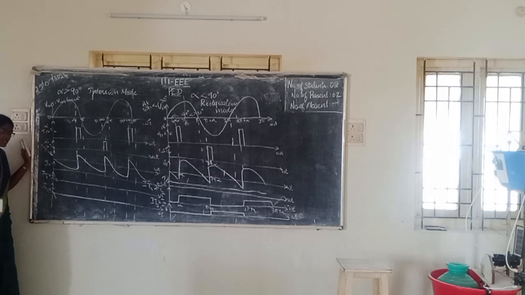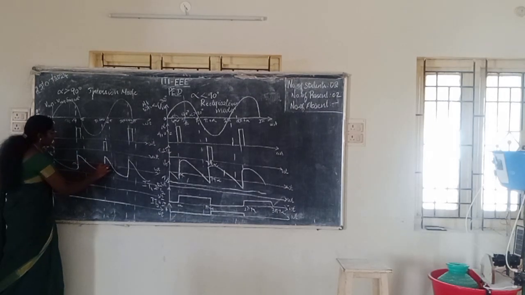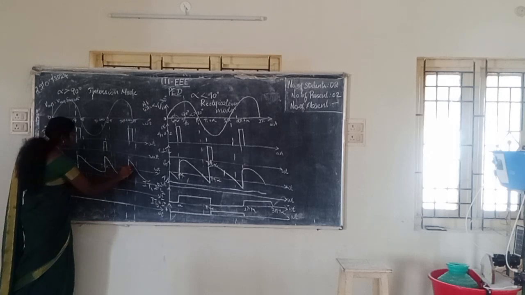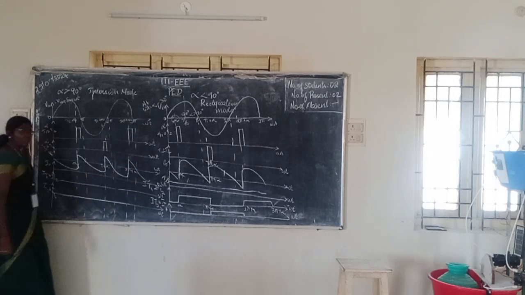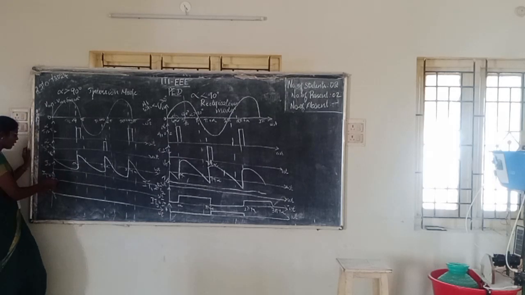When will T1 and T2 conduct? From alpha to pi plus alpha. Till then the current will be 0.